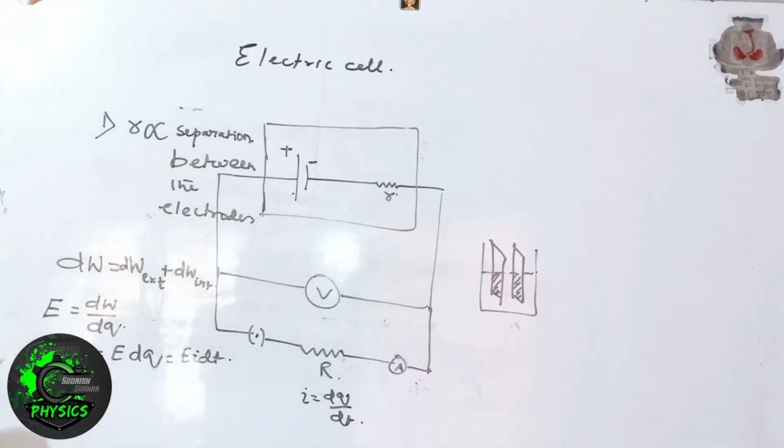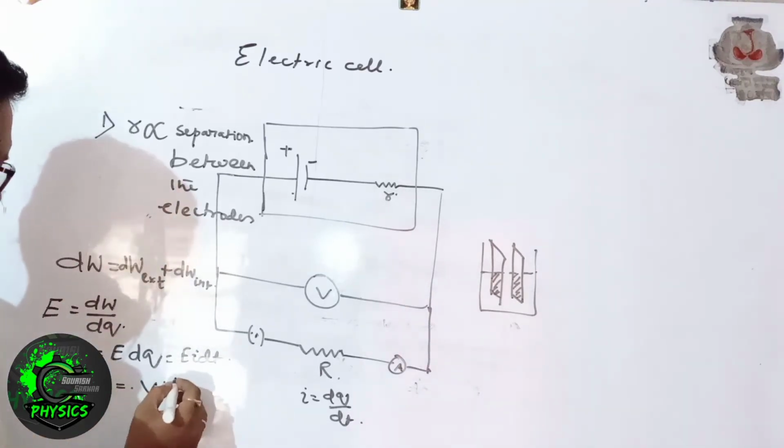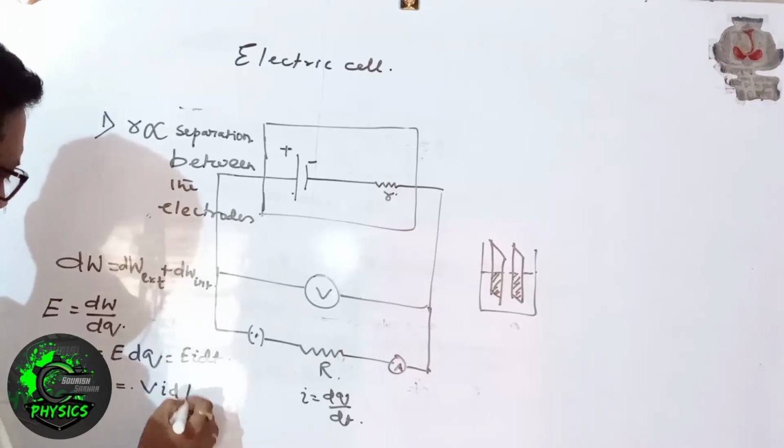So dW is equal to EI dt. Now what will be dW external? dW external is due to the external resistance, so it can be written as VI dt, where V is the terminal voltage.